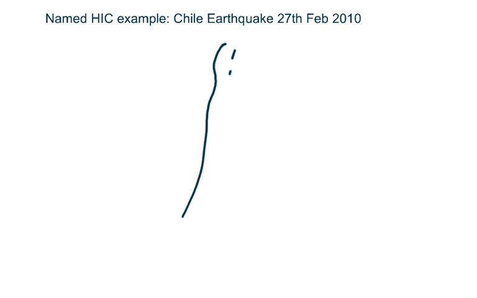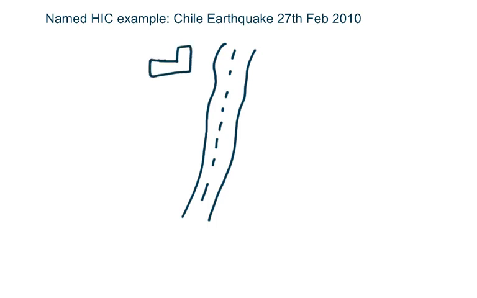The way we're going to start off is by drawing our road, which represents the north-south major route in this country. So we're going to look at our impacts. Up here we're going to have a fire. This of course would be the chemical plant in Santiago.